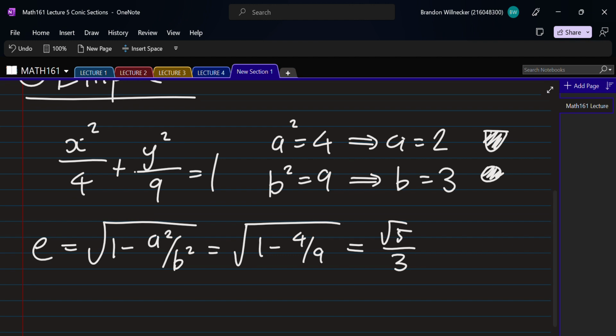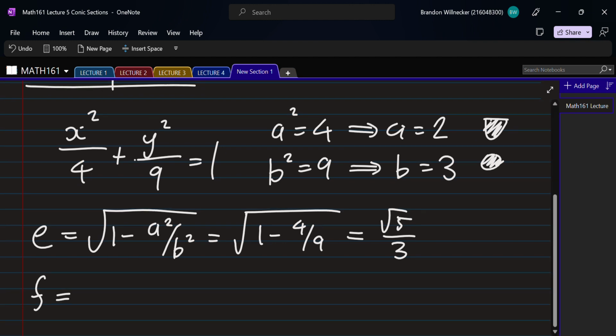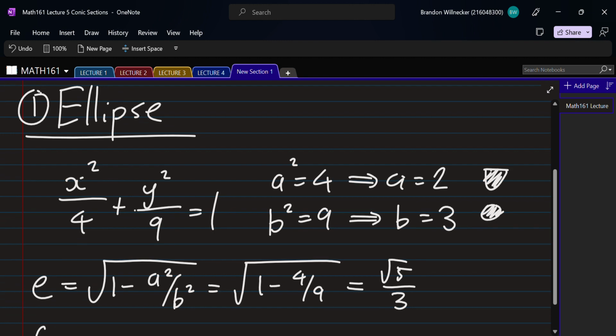That's the eccentricity, and then to find the foci f, that's going to be the eccentricity multiplied by, in this case, 3, because that will be the semi-major axis. Sometimes the semi-major axis will be the a value, if that's bigger.